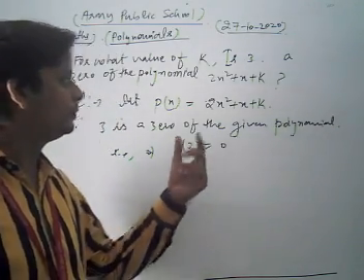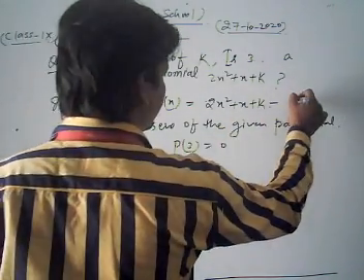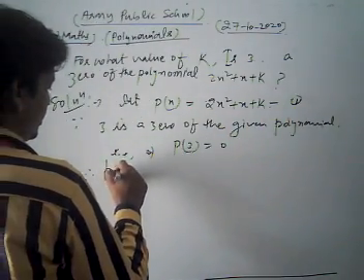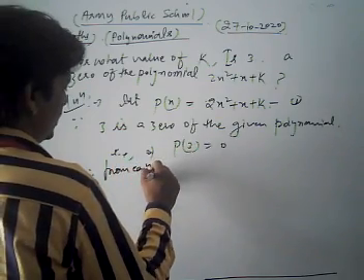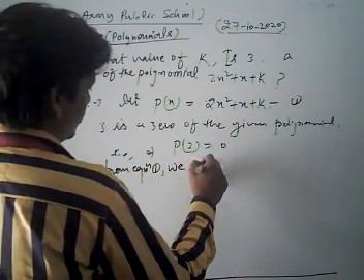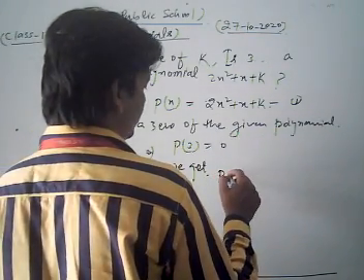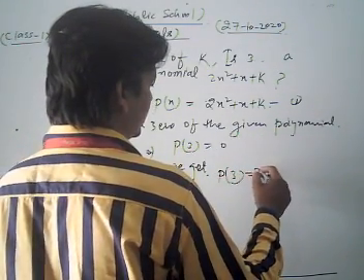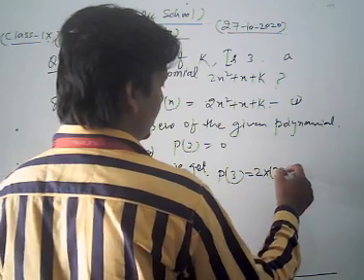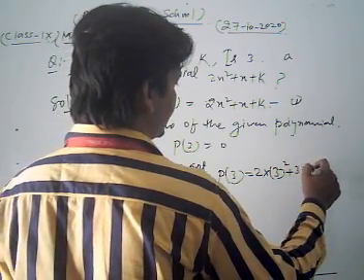Now from equation 1 we replace x by 3, so we have p of 3, which is 2 into 3 square plus 3 plus k, must be equal to 0.